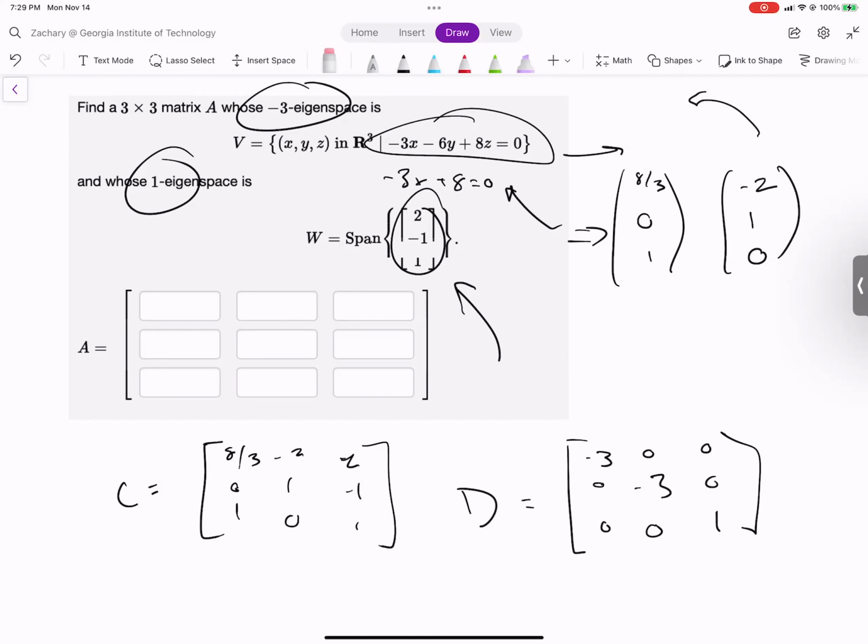Other questions? Yeah. Spring 2020. Spring 2022. Which question was it? 2B. Okay. The sample midterm or the actual midterm? Sample.